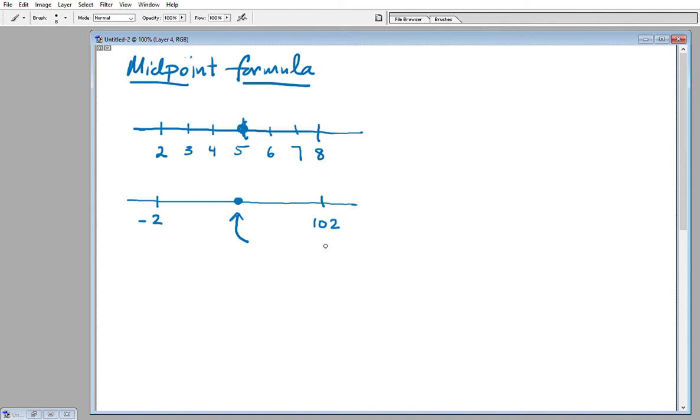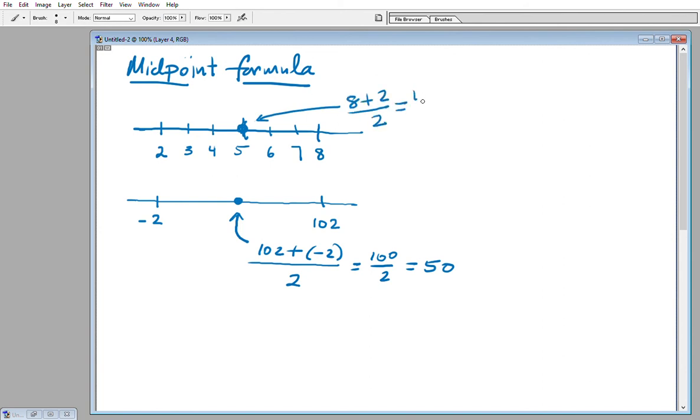If you add 102 plus -2 and divide by 2, it's just the average of the 2 points. So that's 100 divided by 2, 50. Here 5 is also the average, 8 plus 2 divided by 2. If you had 2 grades, 80 and 90, your average is 85 right in the middle.